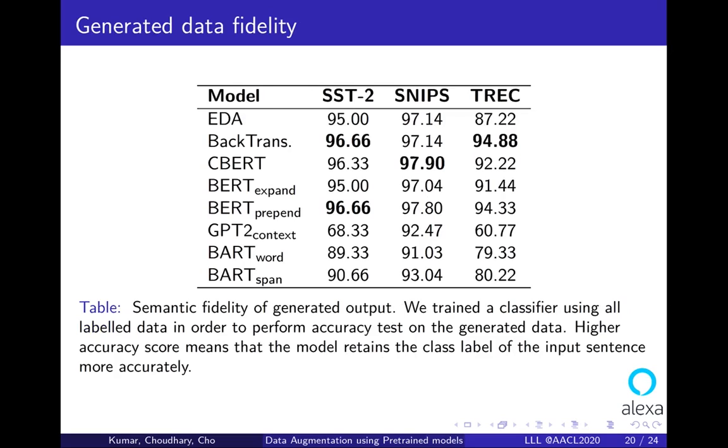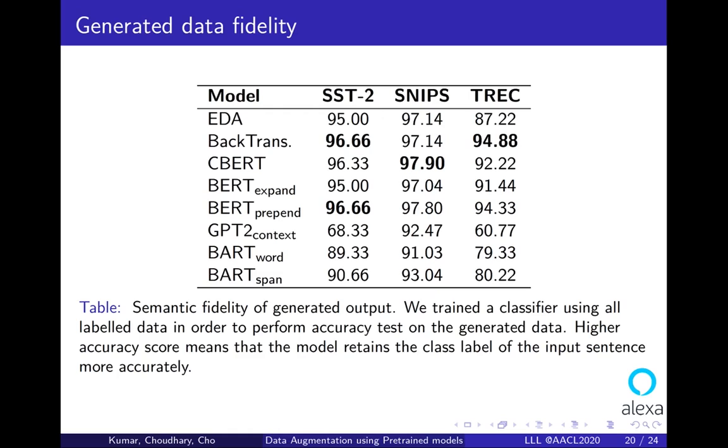We also measure how well the generated data is able to preserve the label information. For this experiment, we trained a classifier using the original labeled data in order to perform accuracy tests on the generated data. While BART outperforms other methods in terms of classification accuracy, it is not the best method in terms of fidelity. What does it mean?